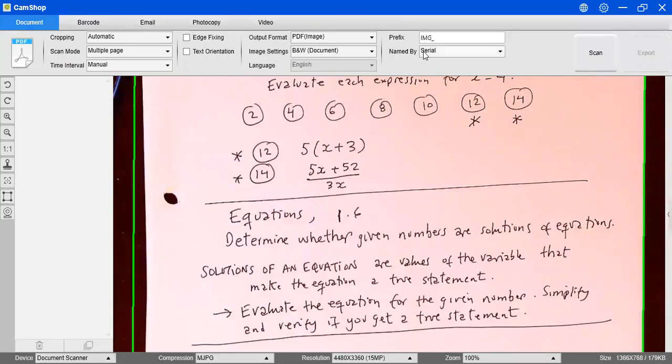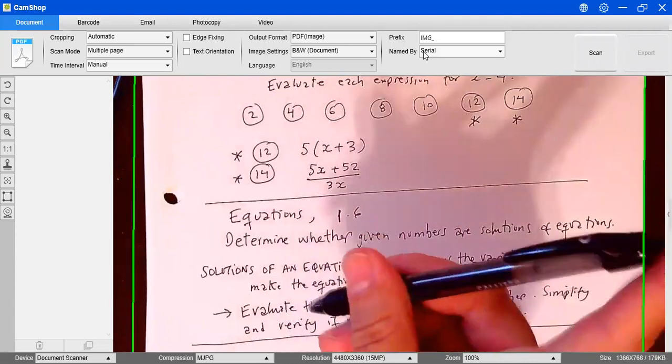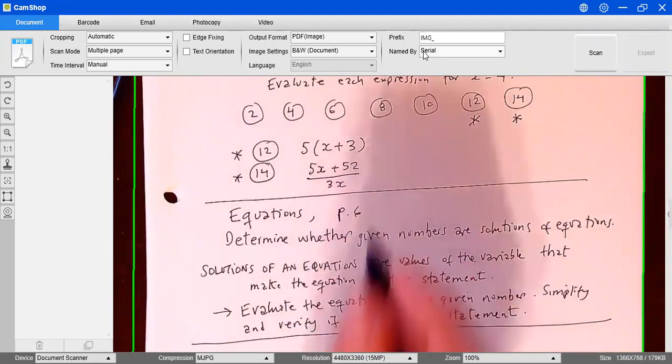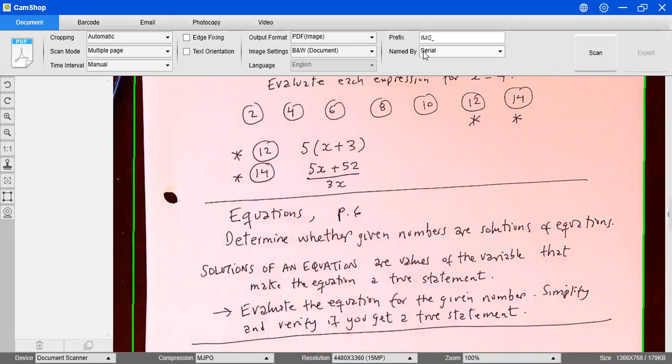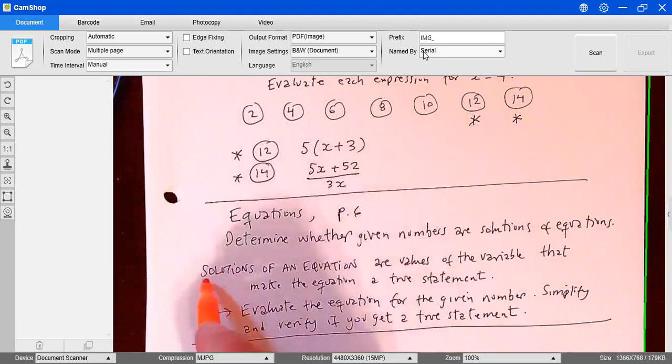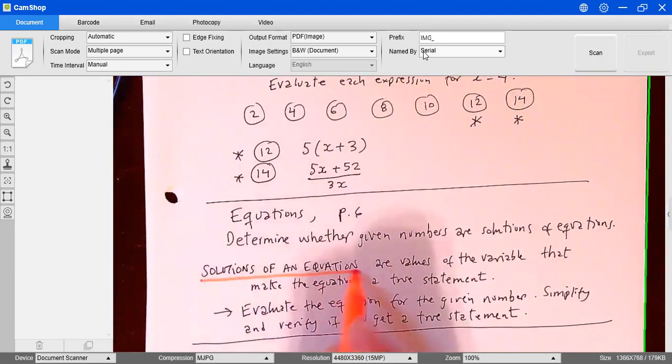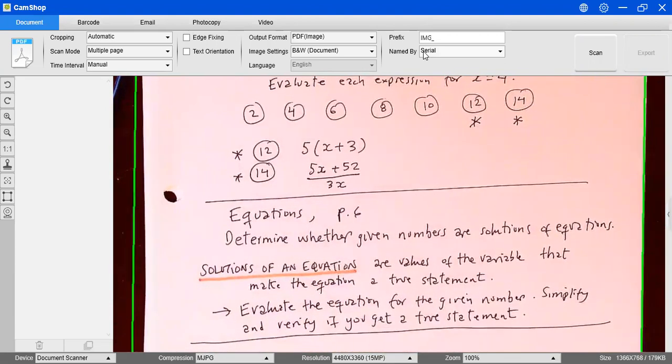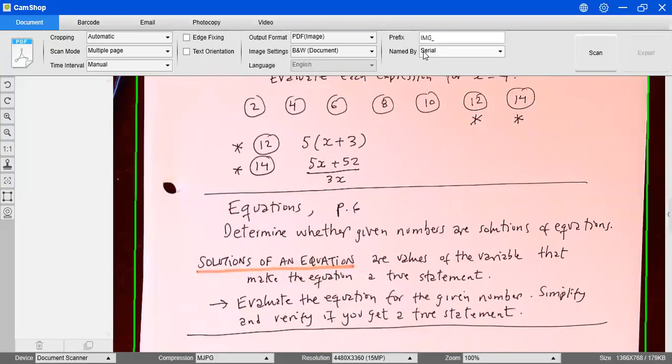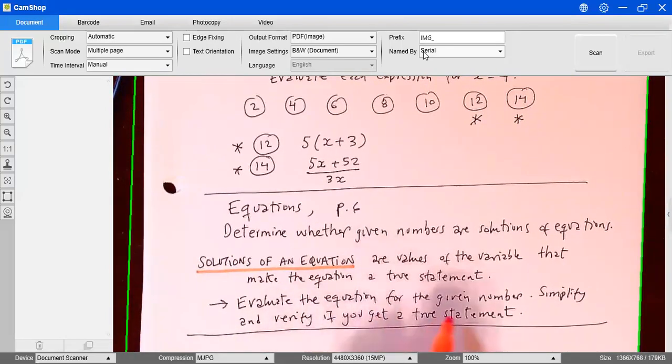Now we're going to start working on equations. Equations are described on page 6 in your book. We're going to determine whether a given number is a solution of an equation. Solutions of an equation are just values of the variable that make the equation a true statement. So we're going to evaluate the equation for the given number.